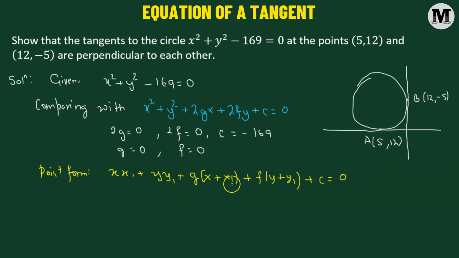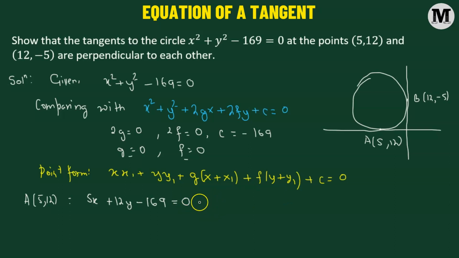So if we consider the point A (5, 12), x1 corresponds to the value 5, and y1 corresponds to 12. That means the equation of the tangent line will be 5x plus 12y. Luckily the values g and f are 0, so we don't have to worry about the third and the fourth term. So we have plus c, and c being negative 169, we get minus 169 equals 0. So this is going to be the equation of the tangent of one of the lines.